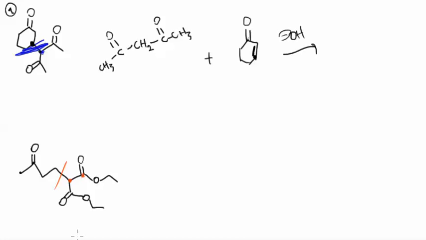So with one of these pieces, I've got a carbon with a hydrogen right here. To the left of it is a C double bond O, and that's connected to an oxygen, which is then connected to an ethyl group, CH2 and CH3.